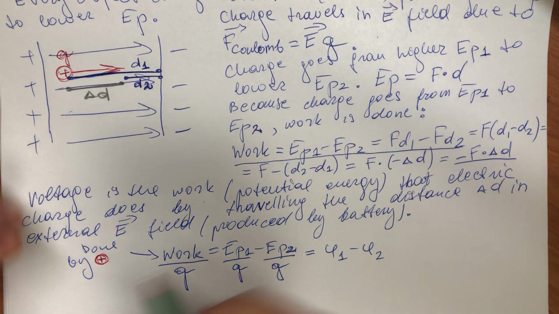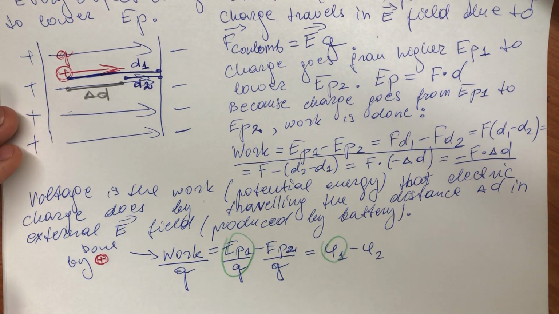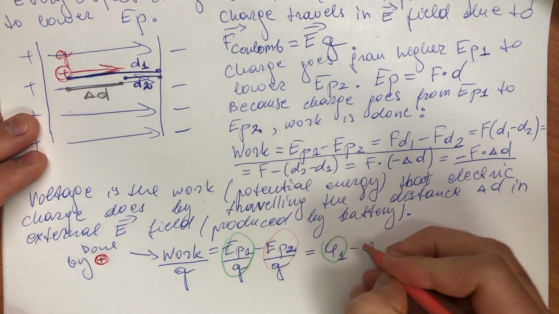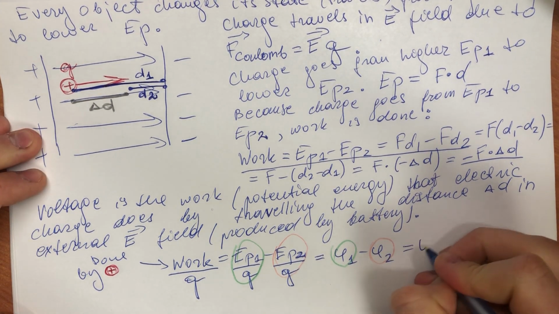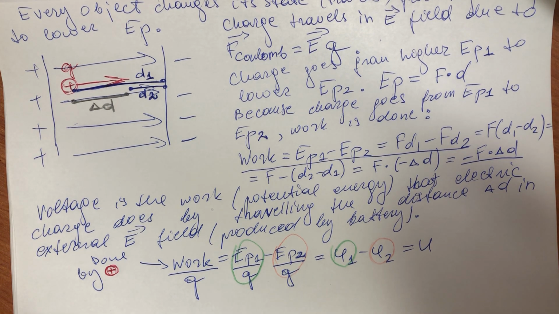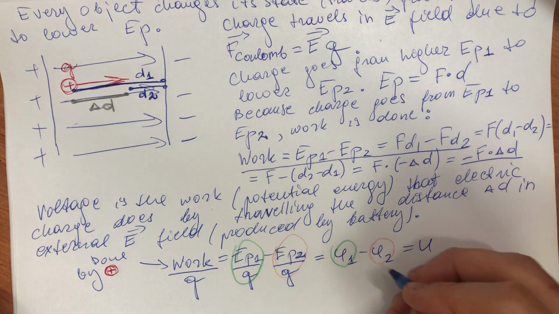This would be phi 1, this would be phi 2. And this is voltage. This is voltage, U, potential difference.